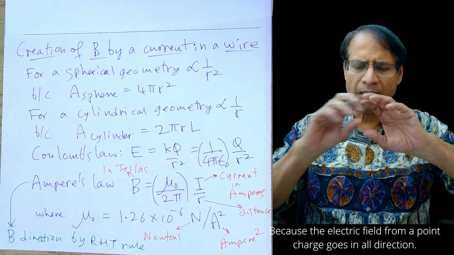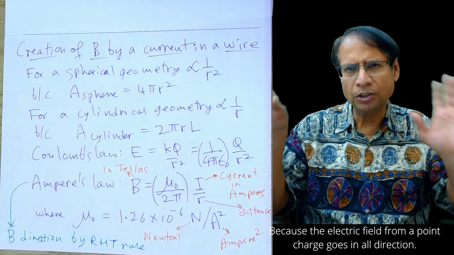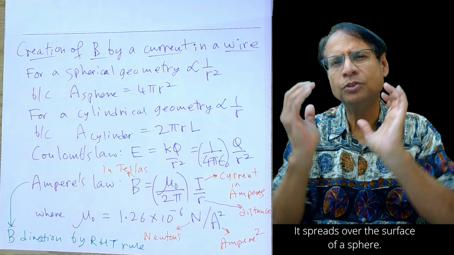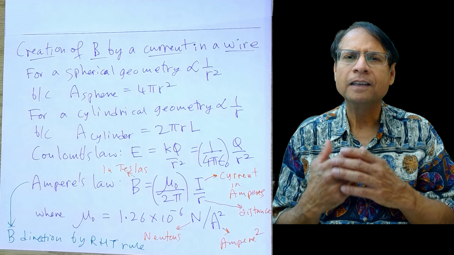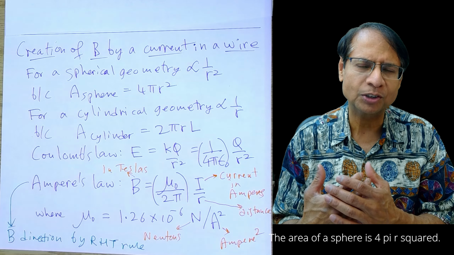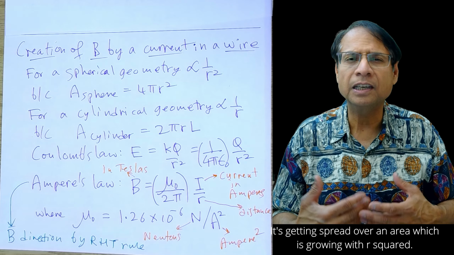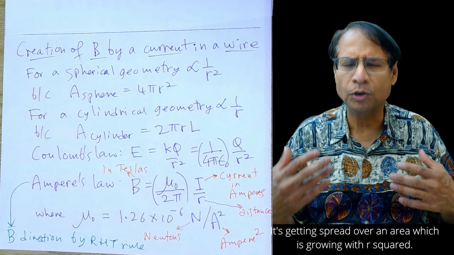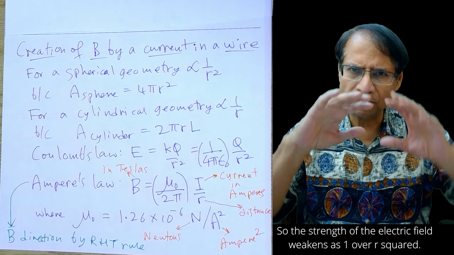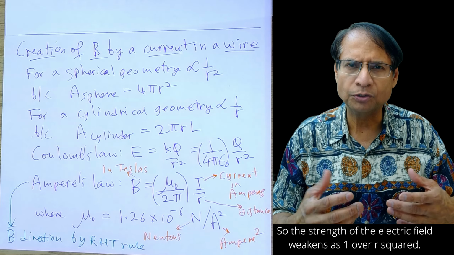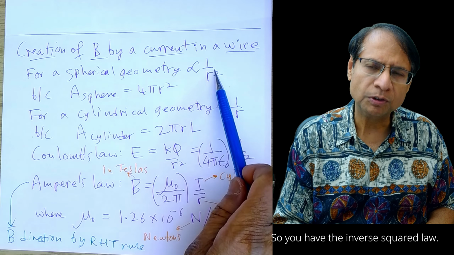Why? Because the electric field from a point charge goes in all directions. It spreads over the surface of a sphere. The area of a sphere is 4 pi r squared. So you have a dilution of 1 over r squared. It's getting spread over an area which is growing with r squared. So the strength of the electric field weakens as 1 over r squared.